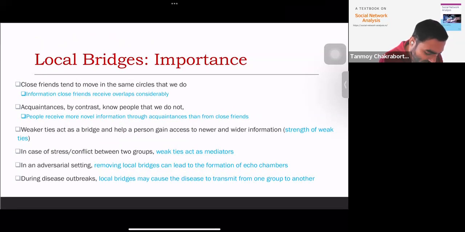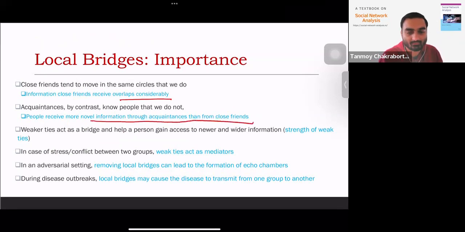So the importance of local bridge, we already mentioned this close. These local bridges are nothing but weak ties, right? Information close friends receive overlap considerably. People receive more novel information through acquaintances than from close friends. So if you want to get new information, for example, let's take a scientific discussion, and you are discussing with your lab mates who are close, versus sometimes you also discuss with your friend who studies in the US.